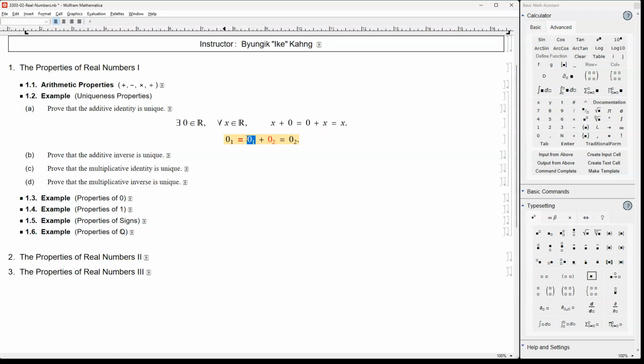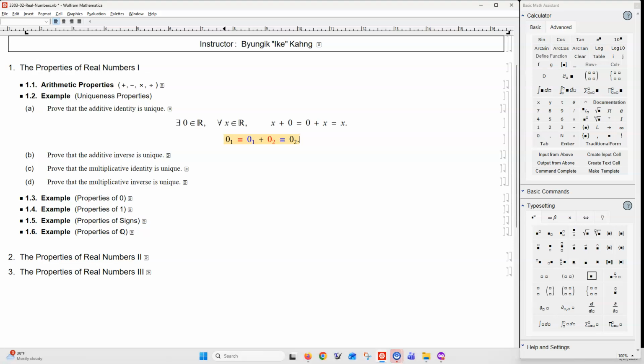Likewise, please note that this 0_1 is an additive identity. So adding an additive identity doesn't change anything. Therefore, we have this equality, which I'm now highlighting in blue. So red is giving the red equality, and blue is giving the blue equality.